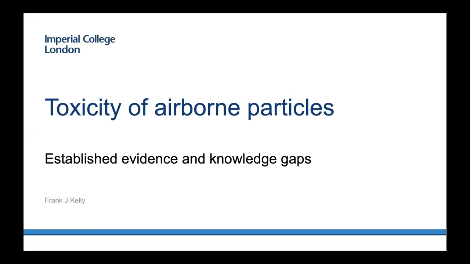For me, the story began really with the seminal epidemiological studies in the 1990s, showing a clear association between increased respiratory and cardiovascular mortality and acute and chronic exposure to ambient particulate air pollution.